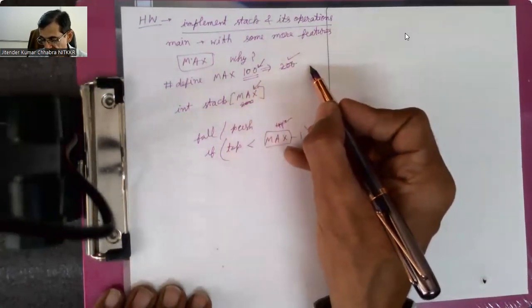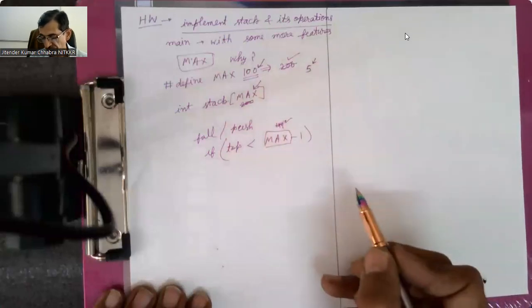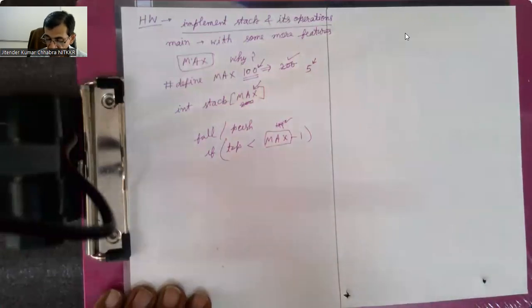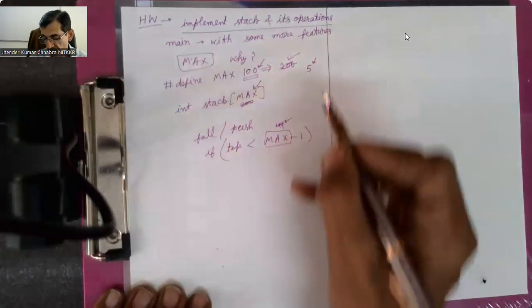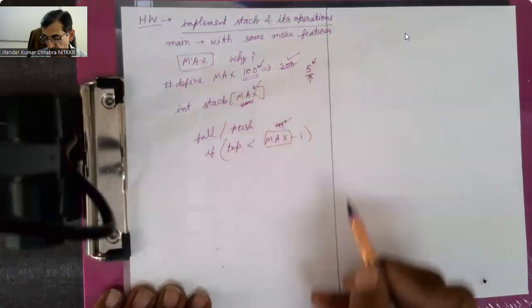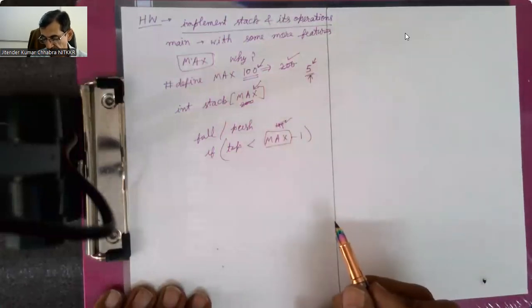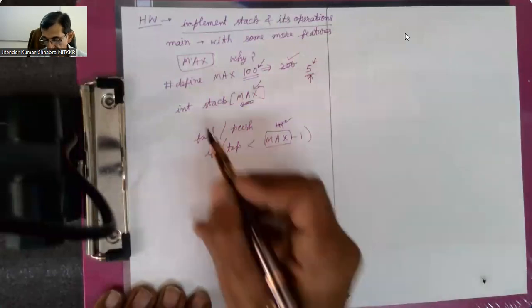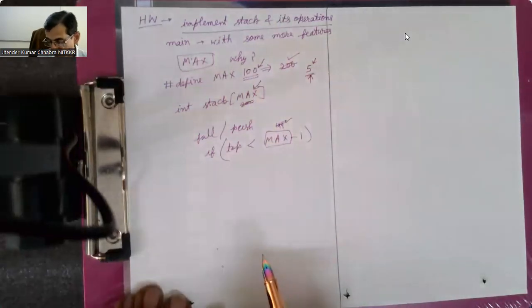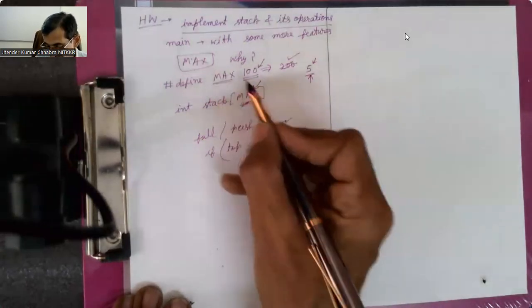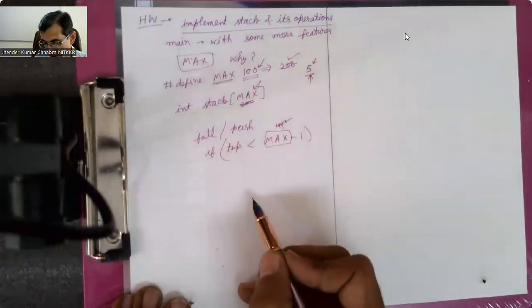Maybe I will say, just change it to a small stack and take the size as 5. Then after 5 pushes, you should be able to see that the stack has become full. That will require your stack size to be reduced to 5 from 100. Then you should be able to easily make those changes without requiring any change anywhere else. So the advantage of defining the max word is like this.